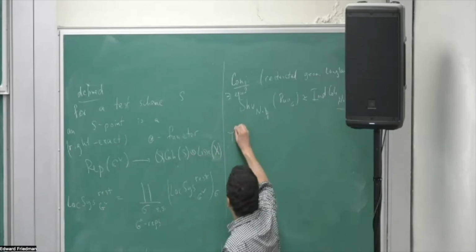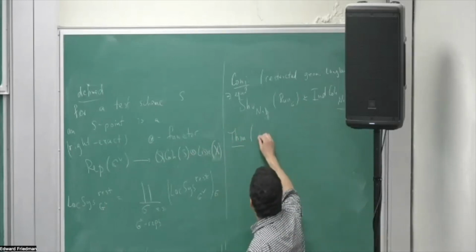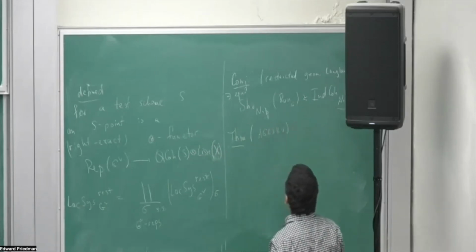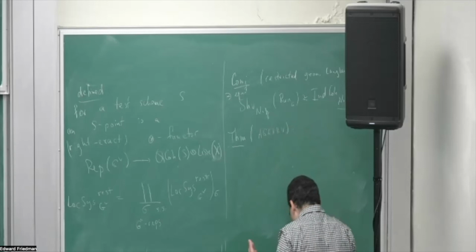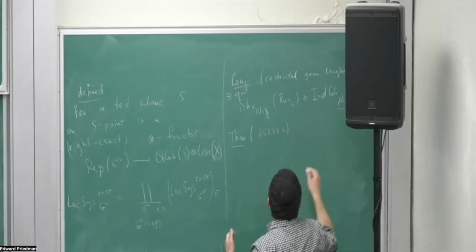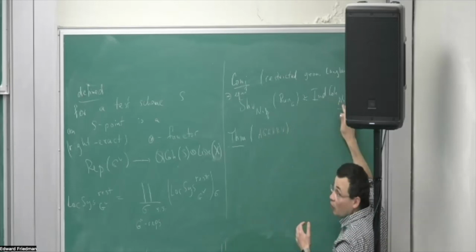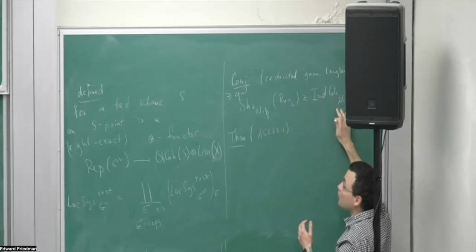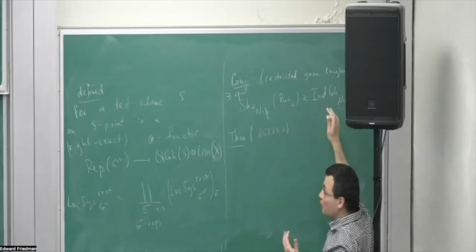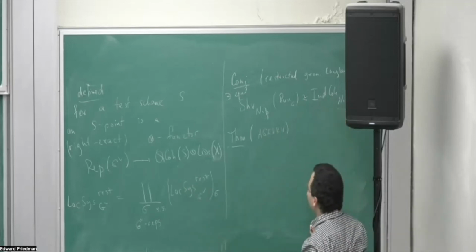A key result here is that we made some progress towards proving this conjecture. If you forget this nil and think of it as quasi-coherent, these are pretty close. And moreover, this is a monoidal category. The quasi-coherent sheaves on anything has a symmetric monoidal structure and it acts on this category.